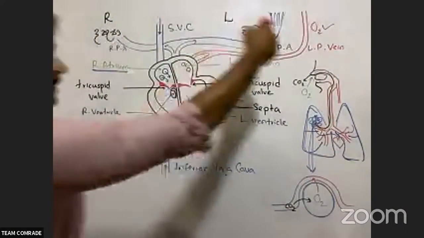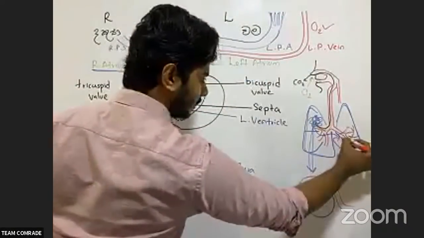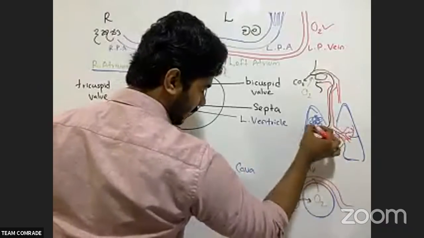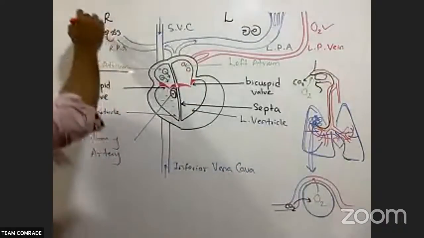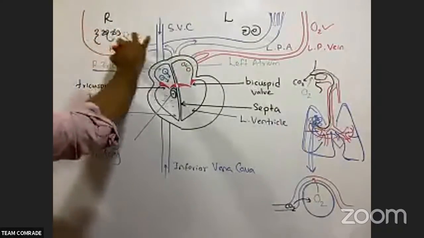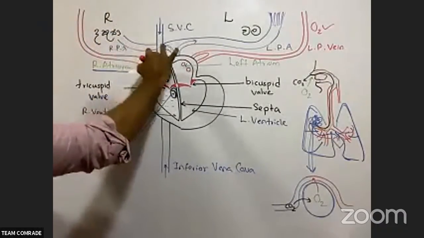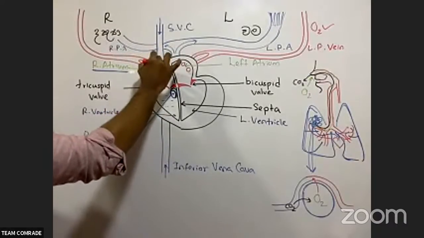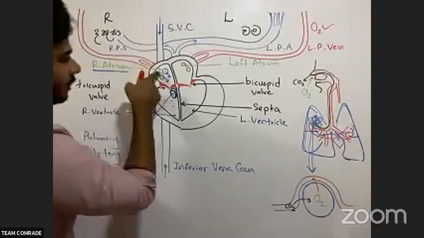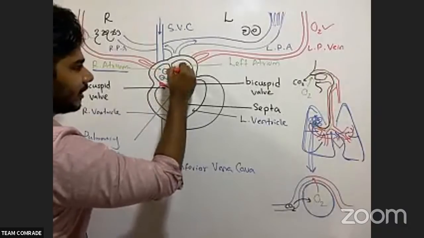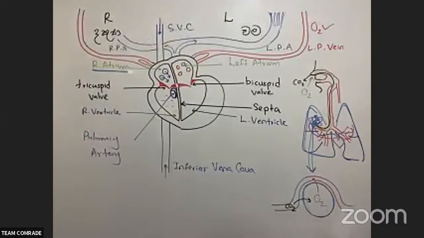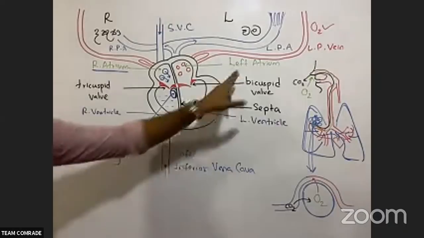Okay, so that from the left side is coming like this to the heart. From the right side also it should come, no? So from the right side also it is coming, getting as two branches, and they enter the heart. Will they enter this side? No, they are entering the left side also, to the left atrium only.